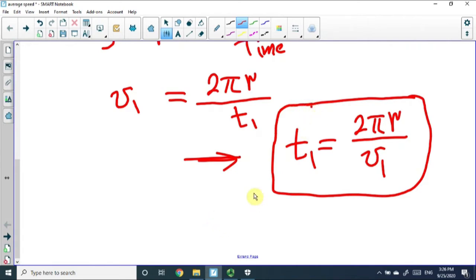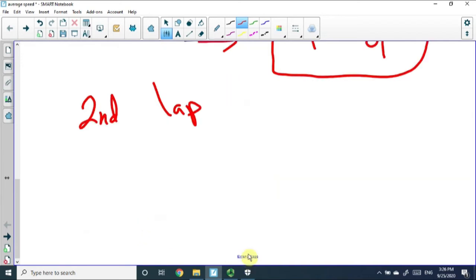So now we are done with the first lap. Now let's talk about the second lap. Well, we're going to repeat the same thing. Now the average speed during the second lap is v2, which is exactly the speed during the second lap, because the speed is constant, so the average should be the same.